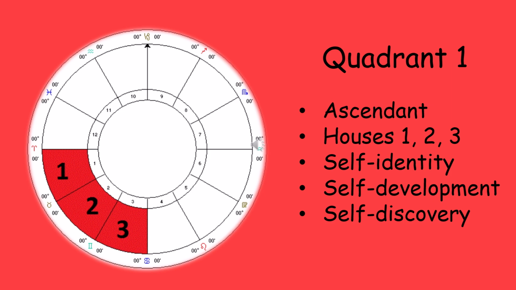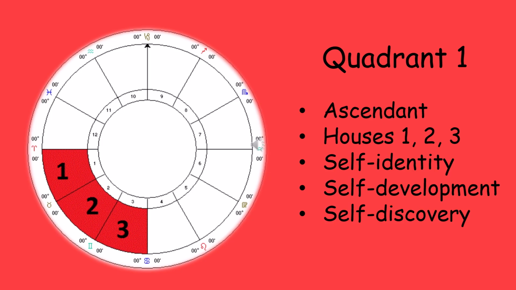The astrological chart is comprised of 4 quadrants, each of which has one of the angles on its cusp. Since there are 12 houses in total, each quadrant is comprised of 3 houses. So the first quadrant begins with the ascendant, and it's comprised of houses 1, 2, and 3.